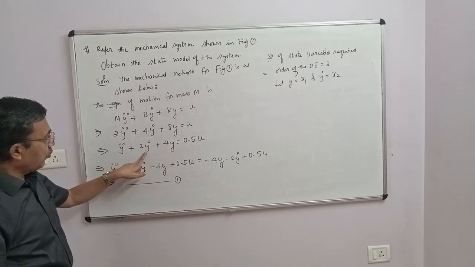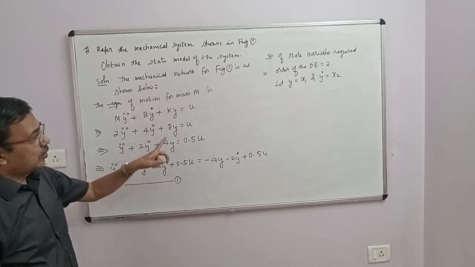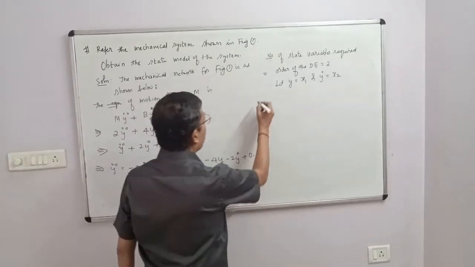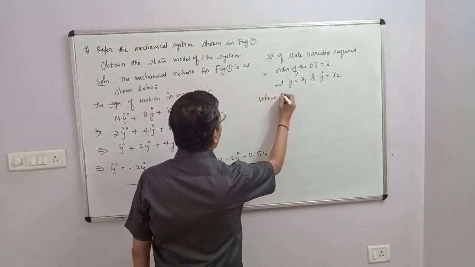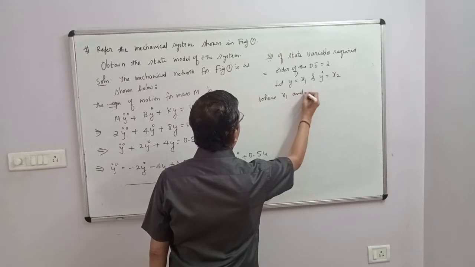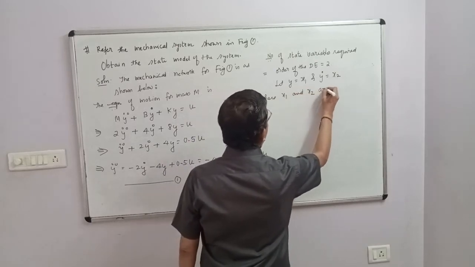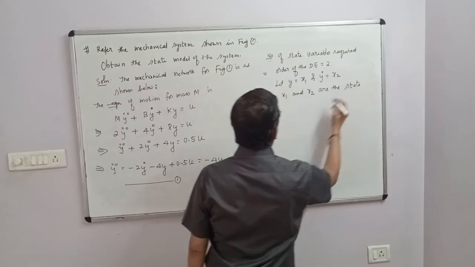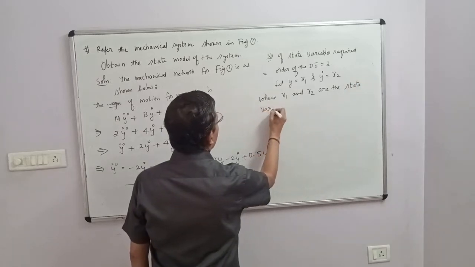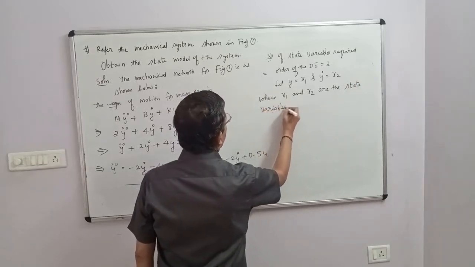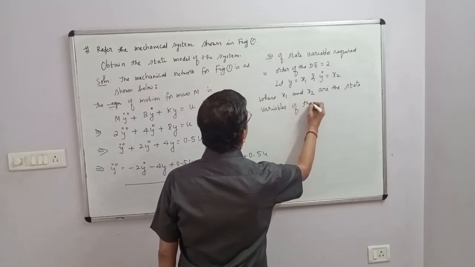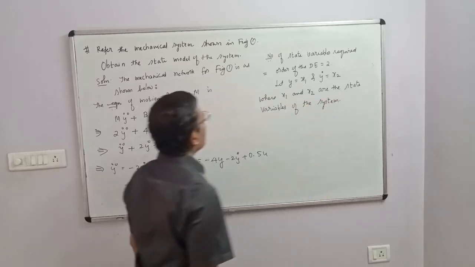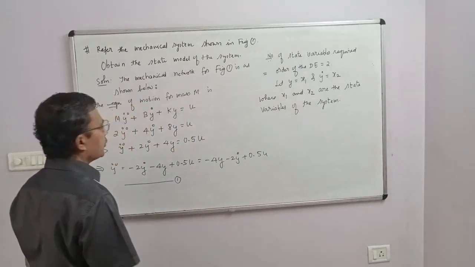Next higher order is y dot, call that x2. Where x1 and x2 are the state variables of the system.